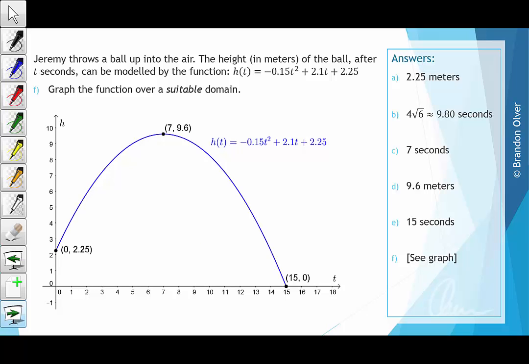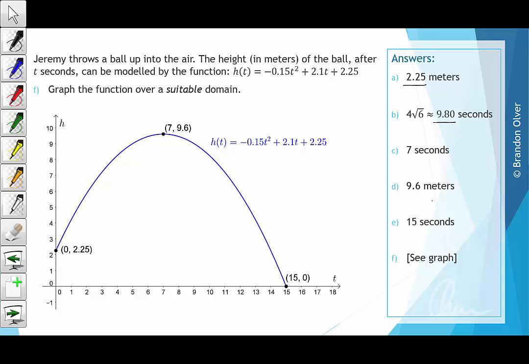So getting the computer to graph this a little bit nicer for me, that is the graph of h of t over a suitable domain, and these are the answers that we've gone through. So part A asks at what height did it leave Jeremy's hand, which was 2.25 meters. We knew the ball spent around 9.8 seconds above 6 meters.